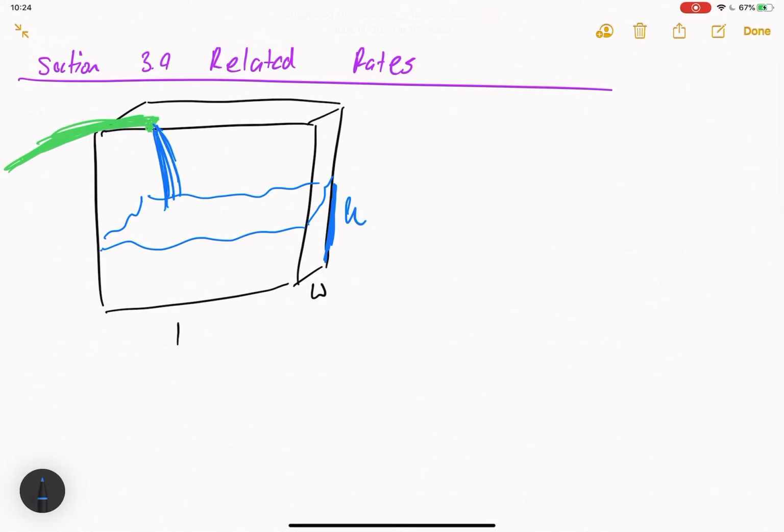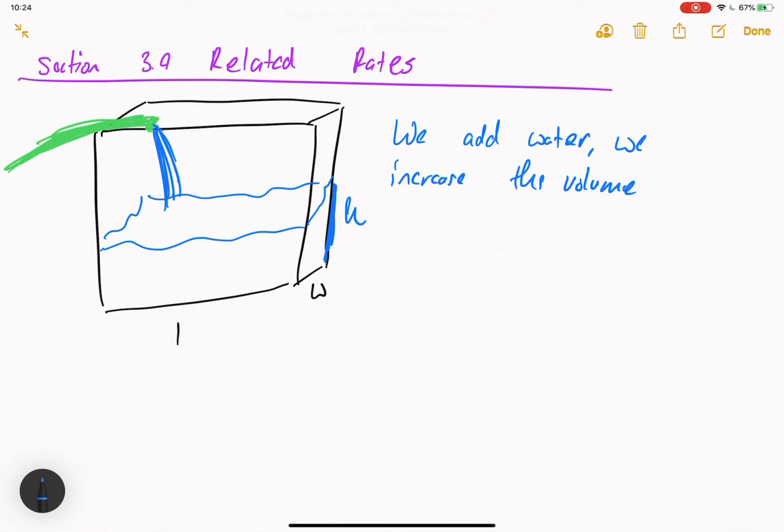So what is happening when we do that? We're adding water, and to add water basically just means to increase the volume. That's just how it is.